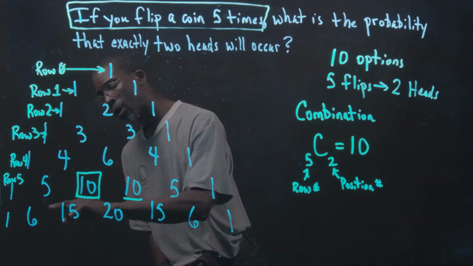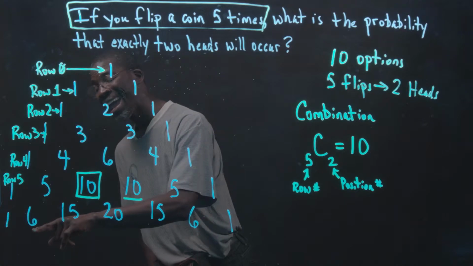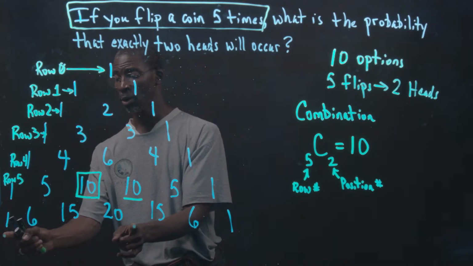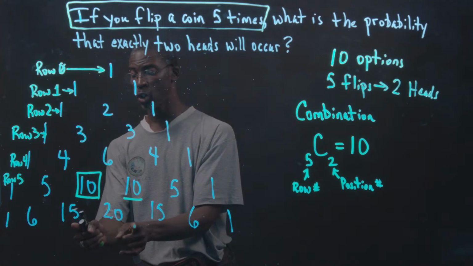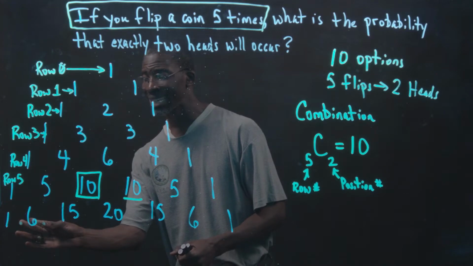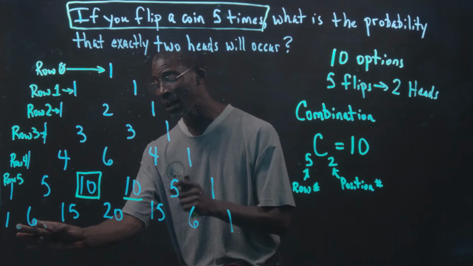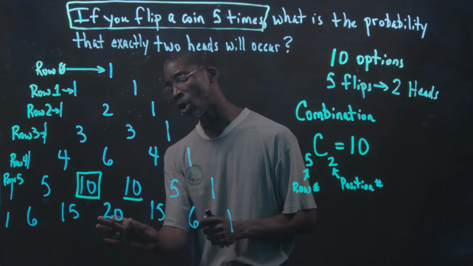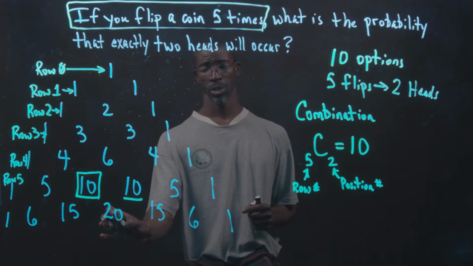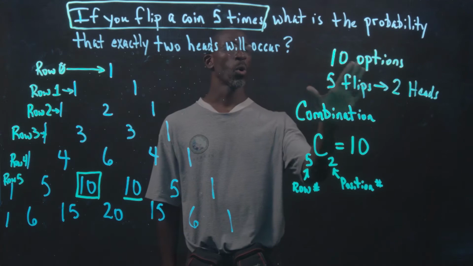If I had 6 items in my sequence or my chain or my arrangement, and I was focusing on, I don't know, 3 of them, position 0, position 1, position 2, position 3, there would be 20 options that I would need to consider. So very shortly and quickly, this is the correlation.